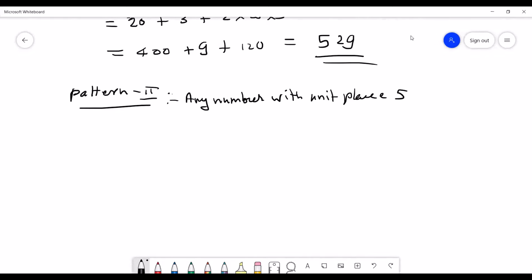Otherwise, we can say A5. A5 means A is representing some digit and 5 is the last digit. Otherwise, the unit place is having 5.